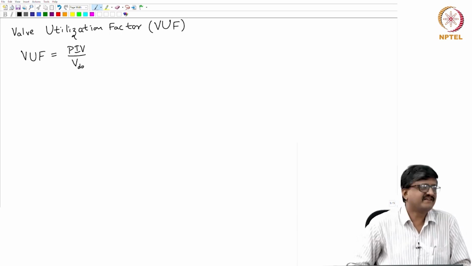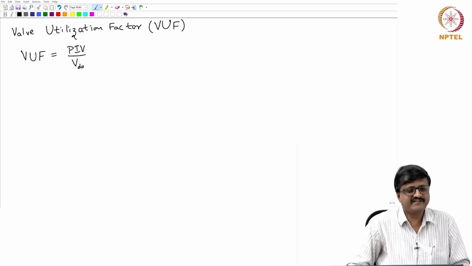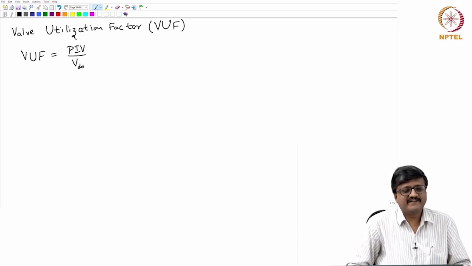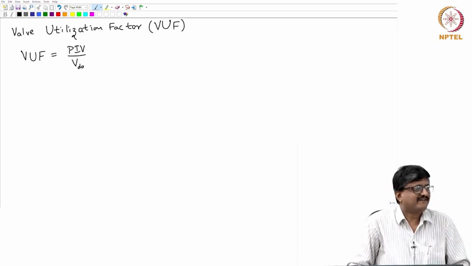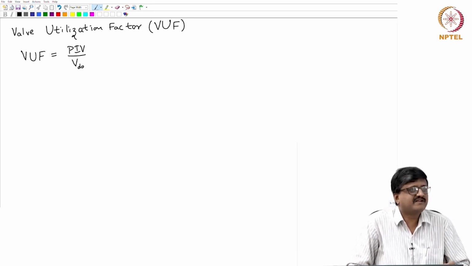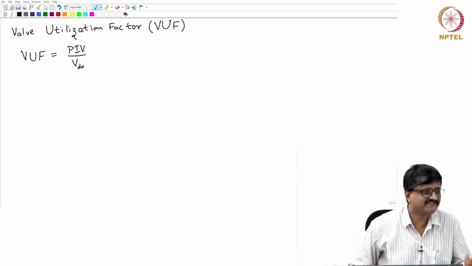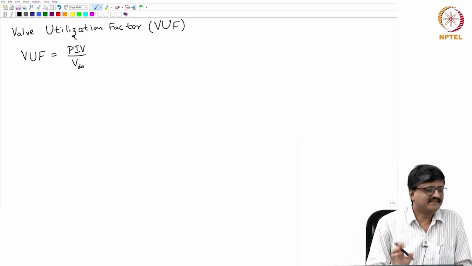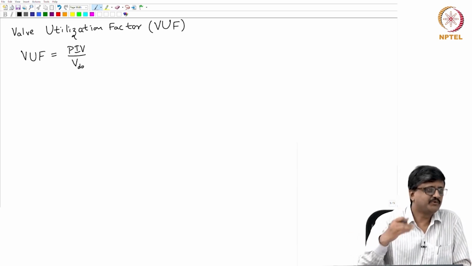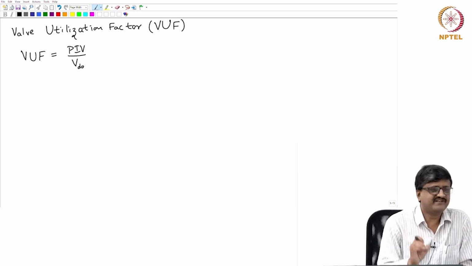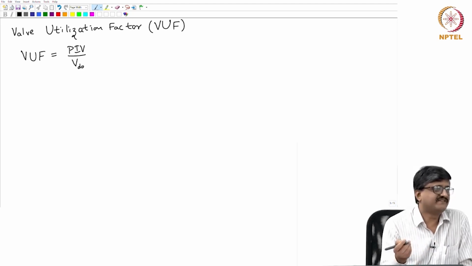There may be a slight chance of confusion here, because we say that utilization should be maximized, but the factor which is defined here, valve utilization factor, should actually be minimized. This is just because it is defined that way; the books that I refer to use this definition. So, I have to minimize VUF if I want to improve the utilization.